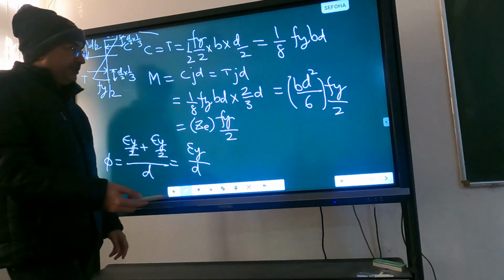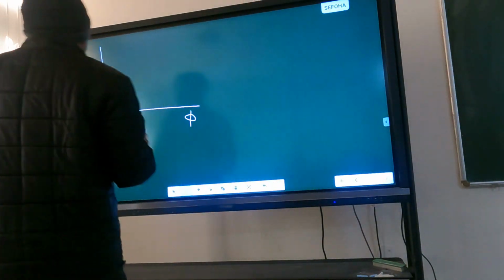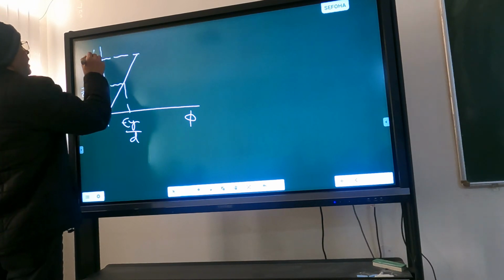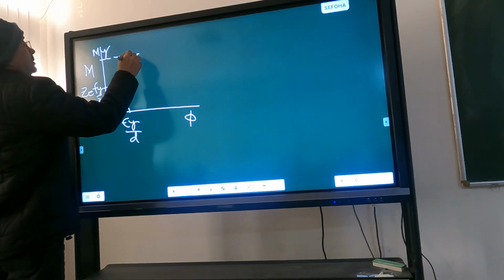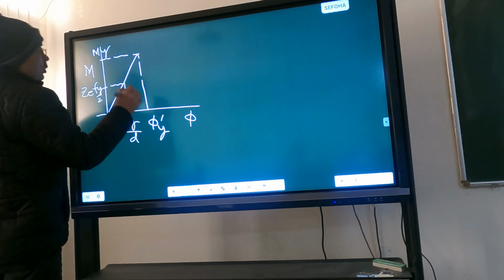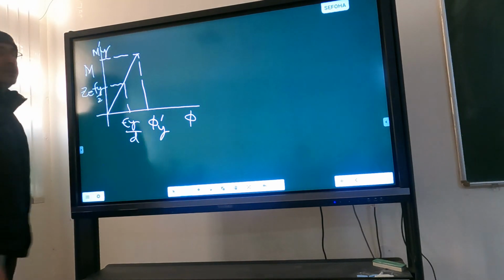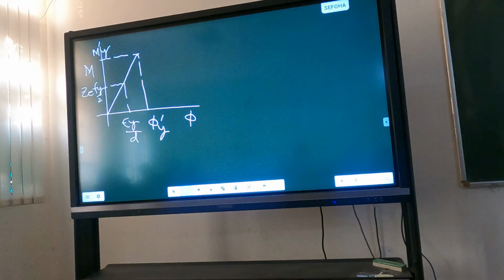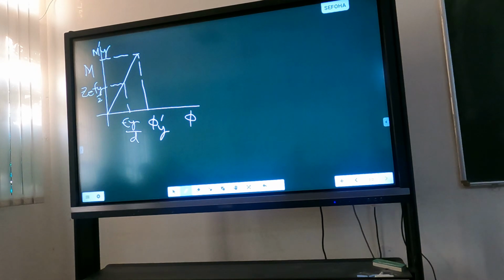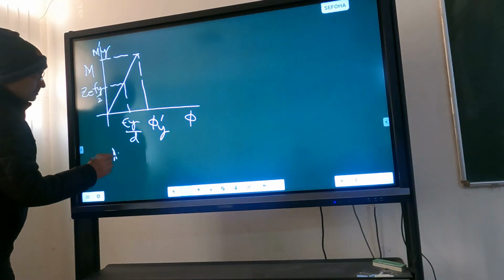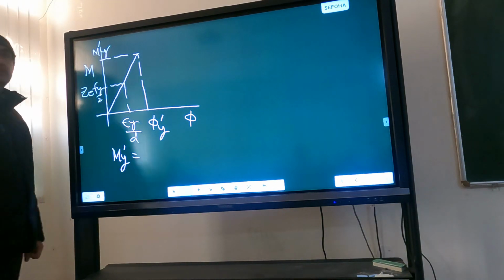You can obtain at different points and you will find that it remains linear right up to My and phi y. I will call these My dash and phi y dash, for a reason which I will explain to you later. So what is the value of My dash? Can you tell me?